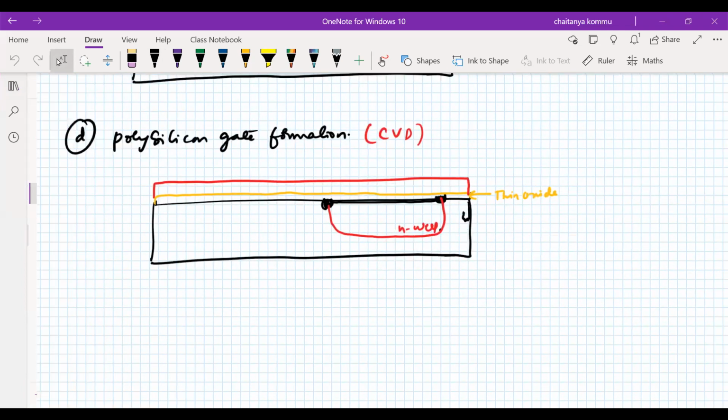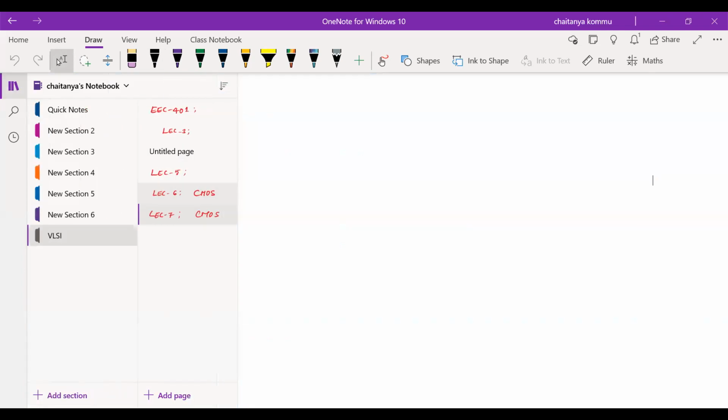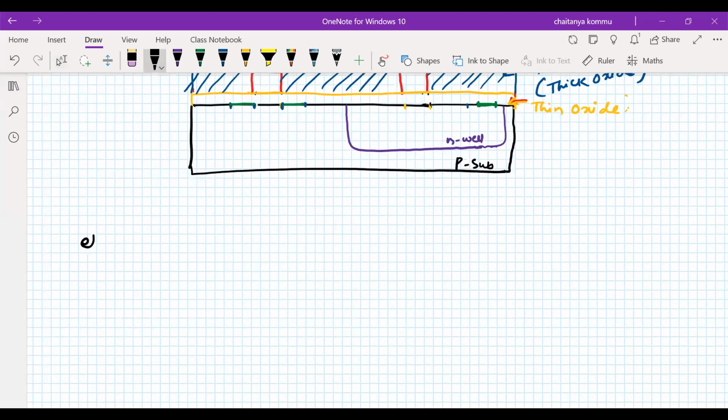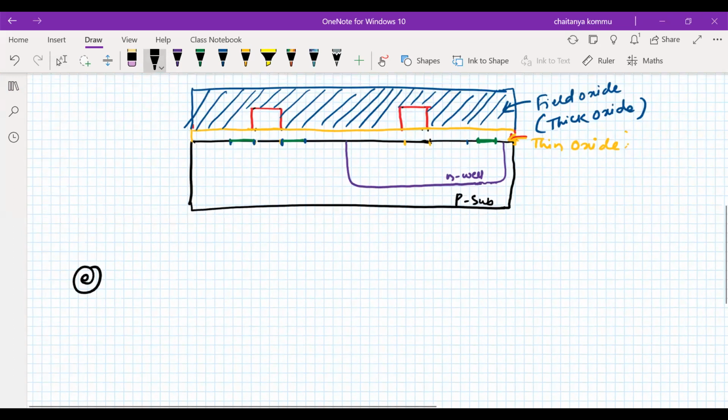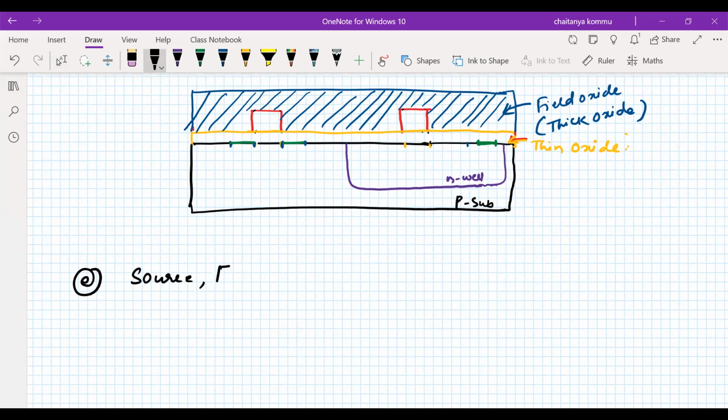The next step is E. What is step E? The source and drain of NMOS, comma, substrate of PMOS.